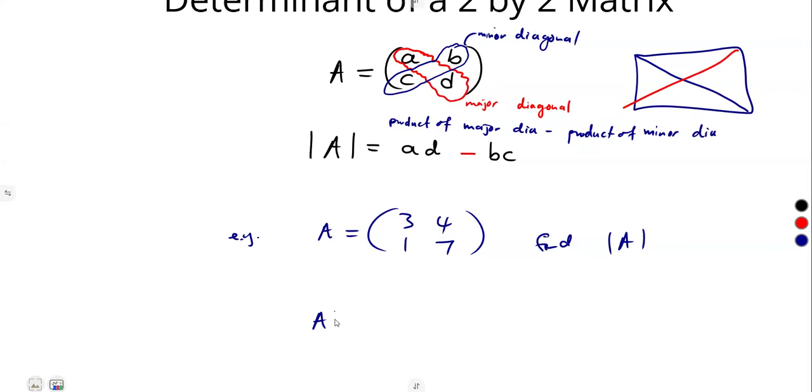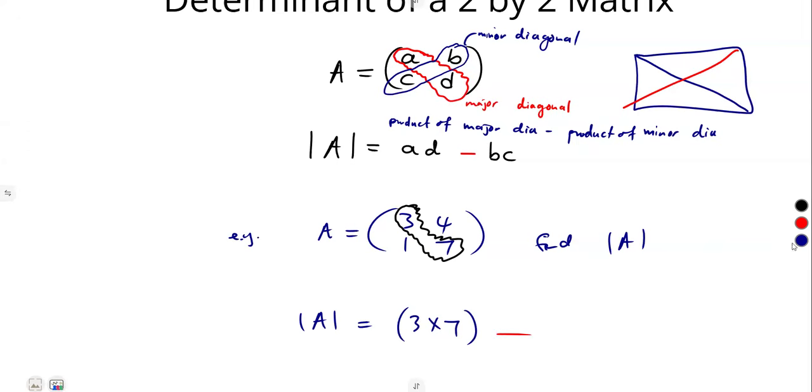It is the product of the major diagonal. You multiply what is in the major diagonal, ad, 3 and 7. So 3 times 7 together.